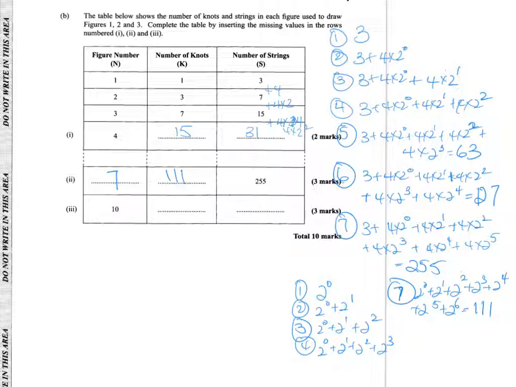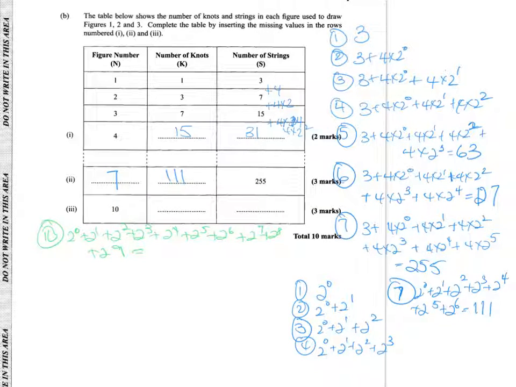Right, so for figure 10 now, to fill out for part 3, we know that for figure 10, it'll be 2 to the power 0 plus 2 to the power 1 plus 2 squared plus 2 cubed plus 2 to the 4 plus 2 to the 5 plus 2 to the 6 plus 2 to the power 7 plus 2 to the power 8 plus 2 to the power of 9.